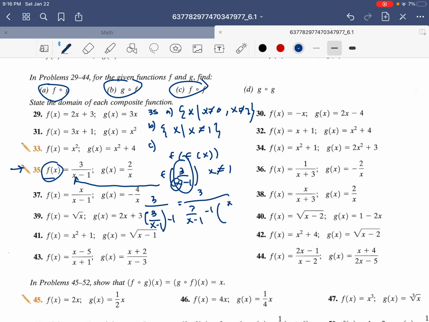Least common denominator again. Okay, so we have that multiplied in. Okay, so this is 3 times x minus 1 over 3 minus x plus 1.